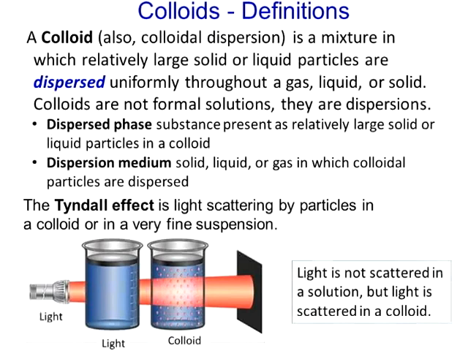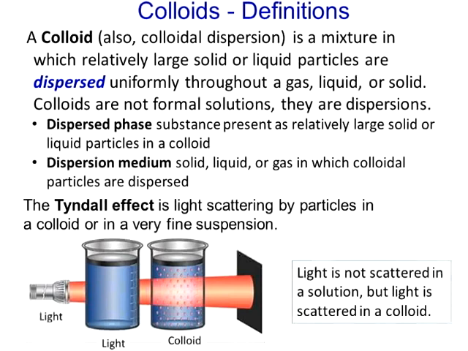Okay? Now, the dispersed phase is a substance present as relatively large solid or liquid particles in a colloid. So you have the dispersed phase, that's the equivalent of the solute in a solvent solution.